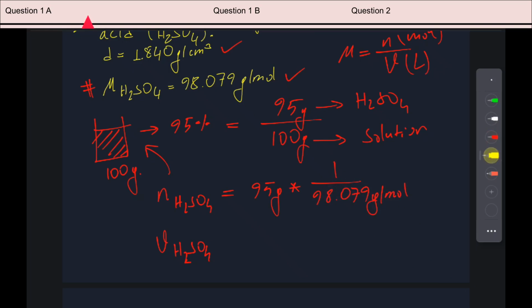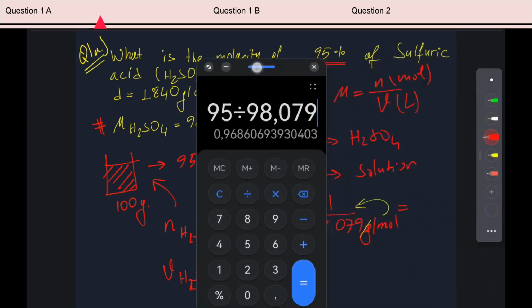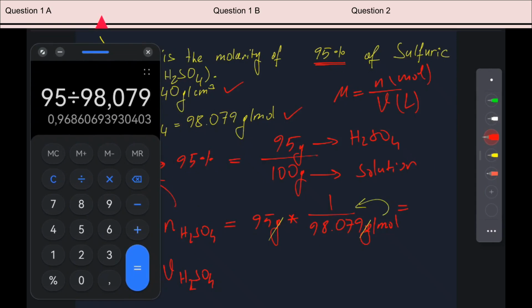So grams will cancel each other and mole will remain. 95 over 98.079 is 0.9686 mole.